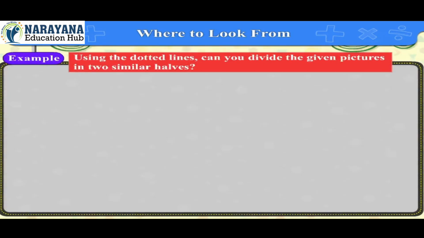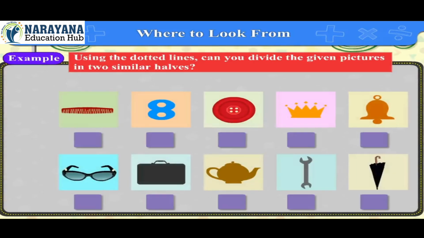Example. Using the dotted lines, can you divide the given pictures into two similar halves? Solution. Come on, let's see what type of dotted line, that is vertical standing line, horizontal sleeping line, or slanting line, we need to draw to get two exactly same parts.